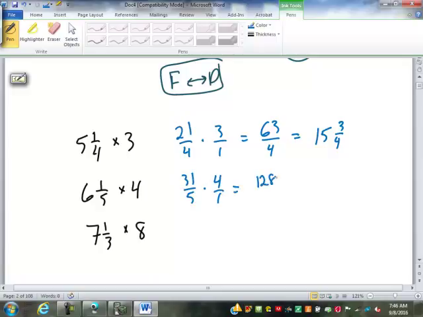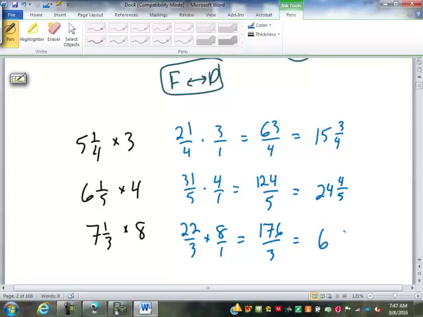It's 124, not 128. 124 over 5, which is 24 and 4/5. 7 and 1/3: 7 times 3 is 21, plus 1 is 22 over 3, times 8 over 1. That's 176 over 3, which is 65 and 1/3. Then we have to add all those up.